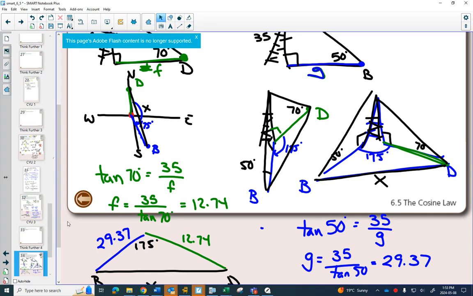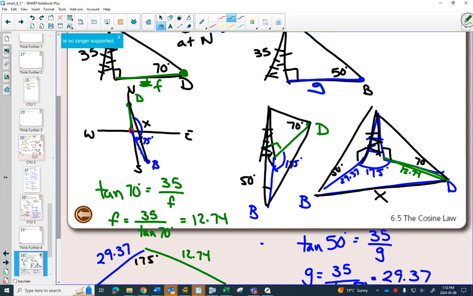So in my 3-dimensional picture, can you see that we found this f here to be 12.74, and we found this length here to be 29.37. I did that by looking at the individual right-angled triangles for David and for Brenda.